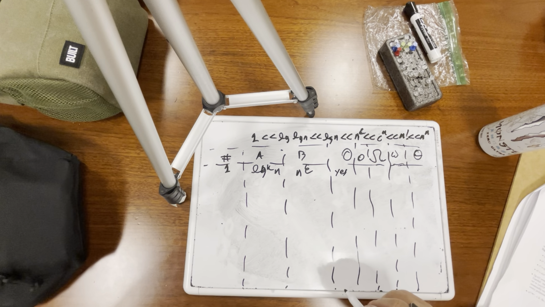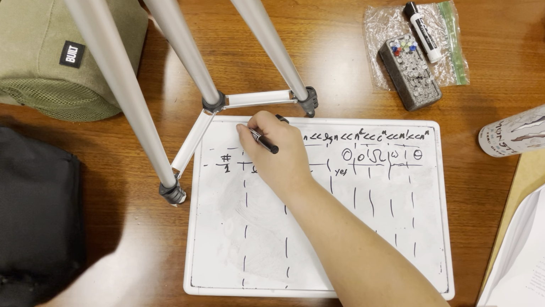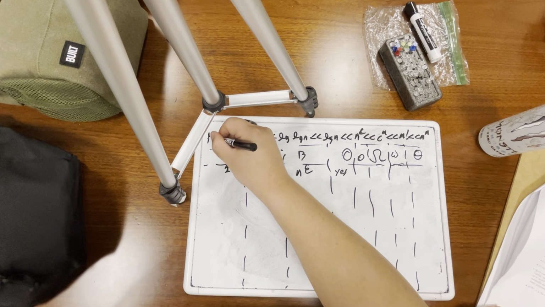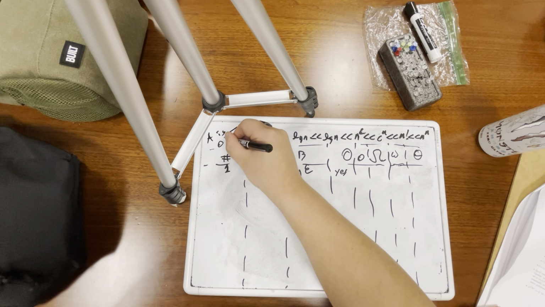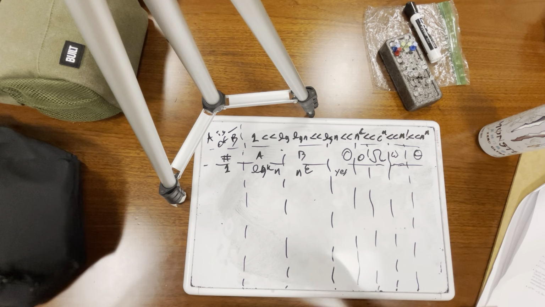So remember, the sentence is A is blank of B. So is it the case that log to the k of n is big O of n?